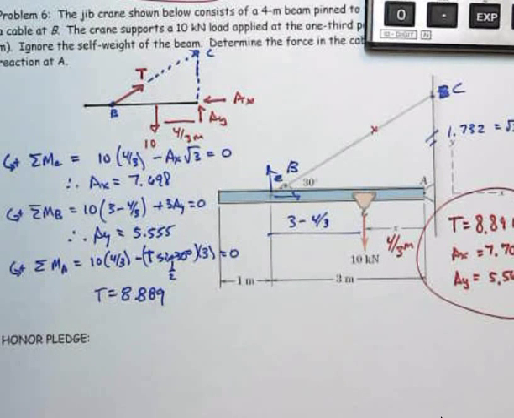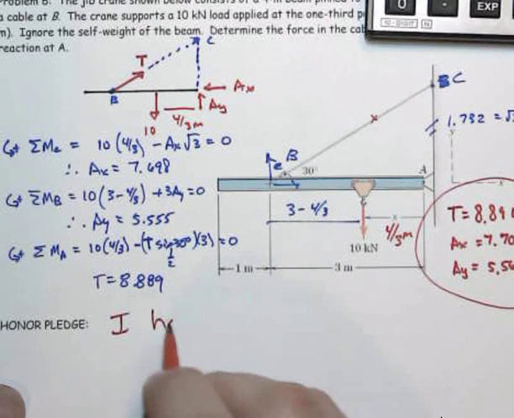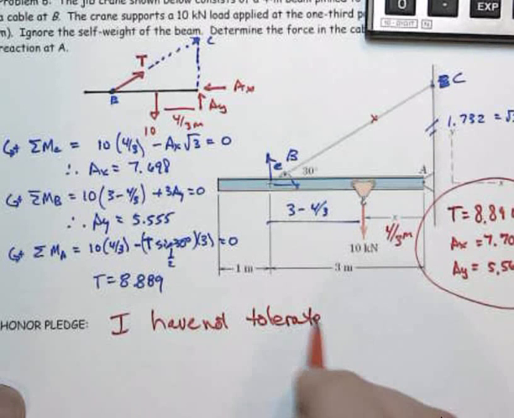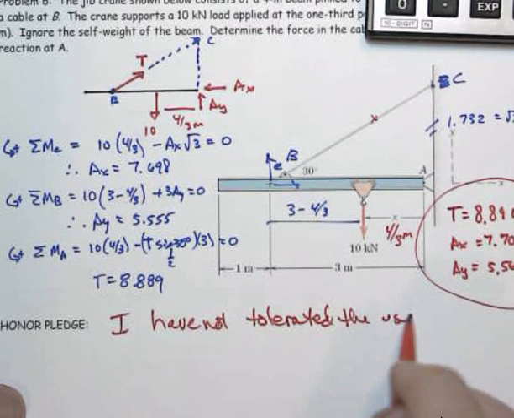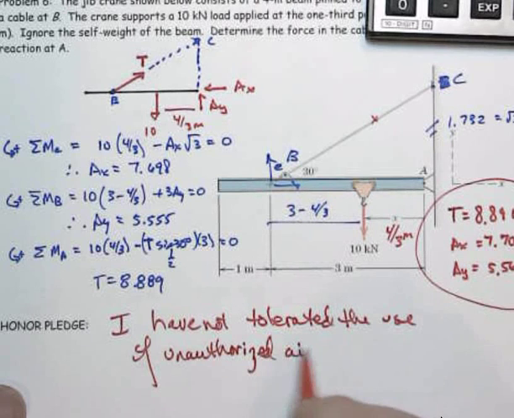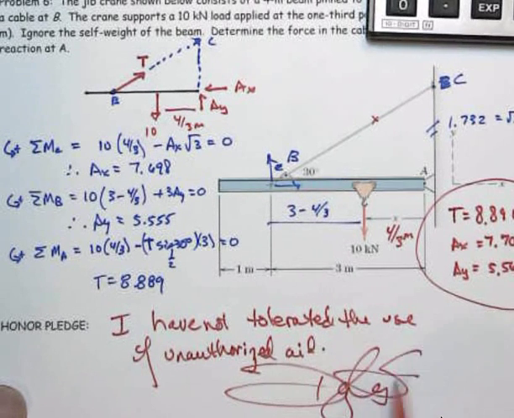Because in this test, we also have to indicate whether we've abided by the course honor pledge. I have not tolerated the use of unauthorized aid. Right?